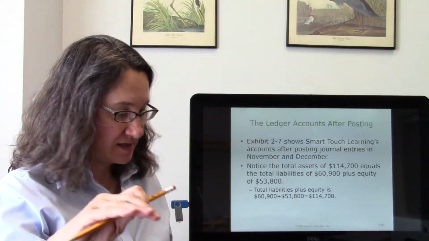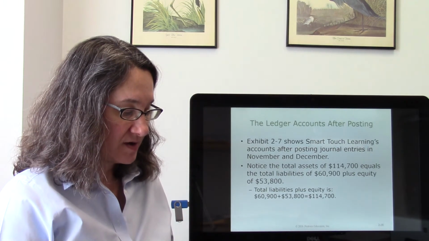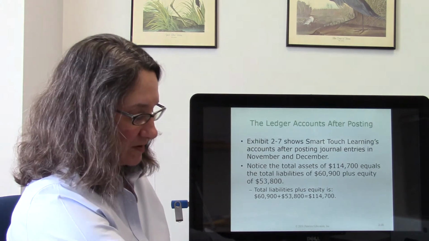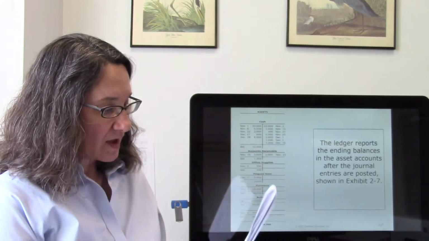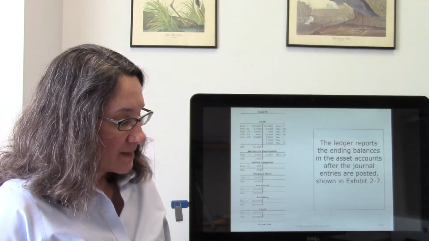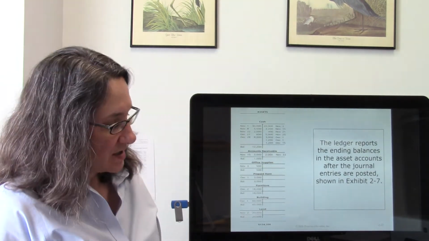Our A equals L plus E. Our assets equal 114,700, and our liabilities plus equity equal 114,700.